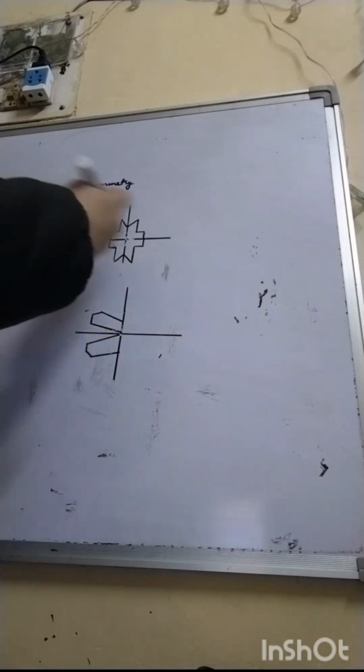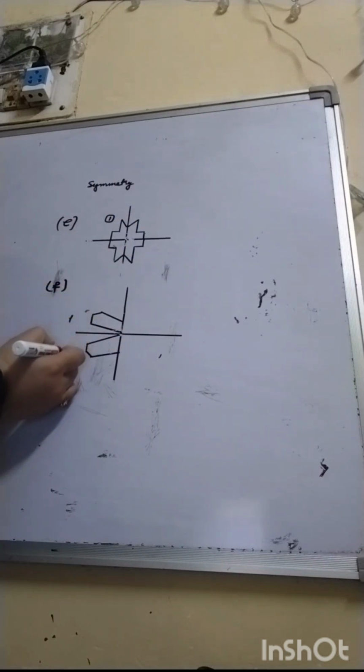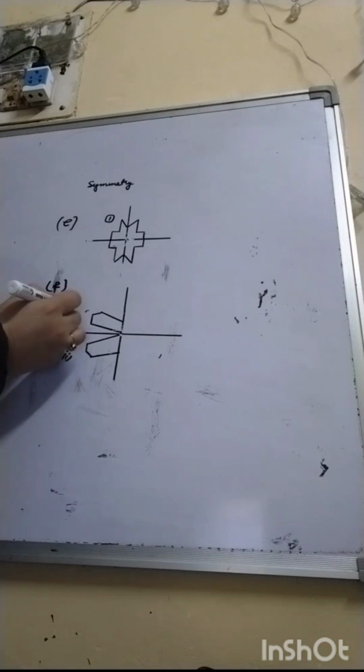So this is how you get the horizontal overlapping, same as the first, and this part becomes identical.